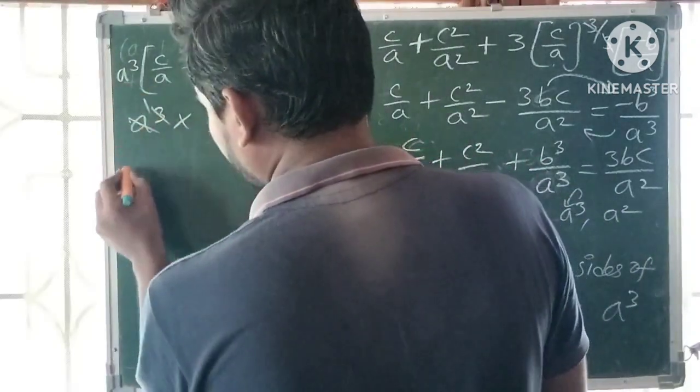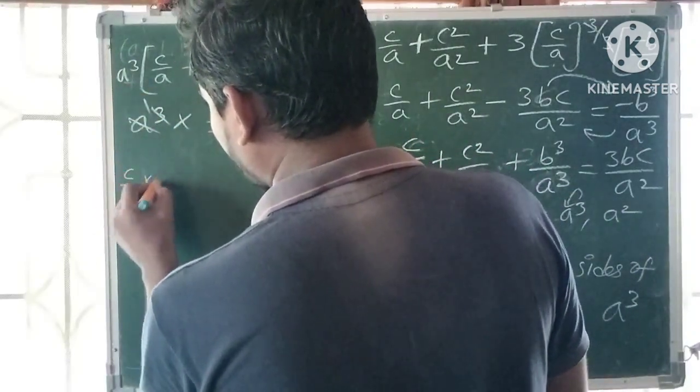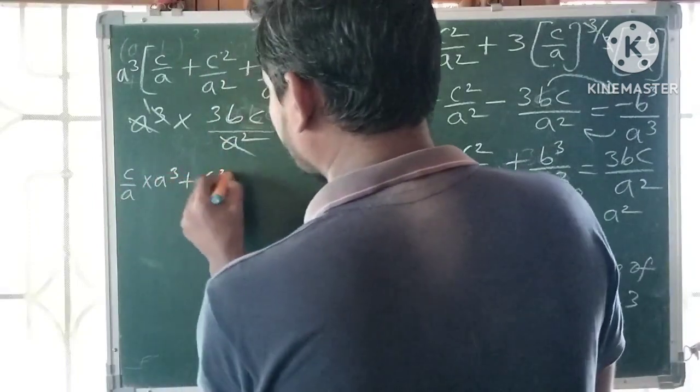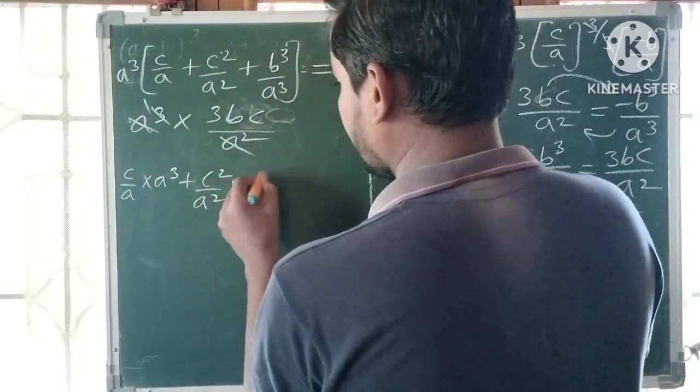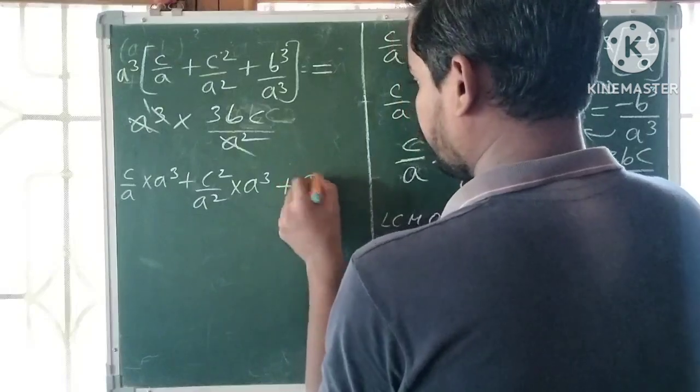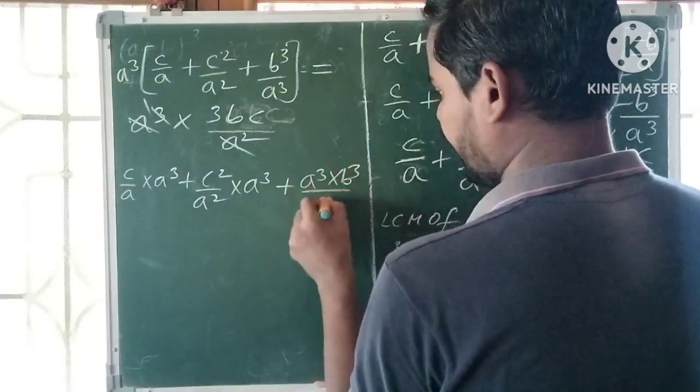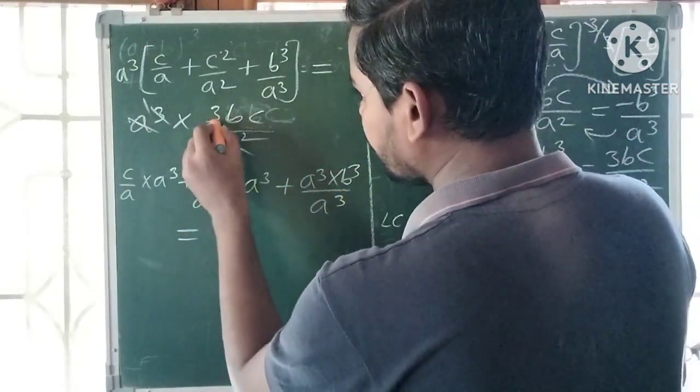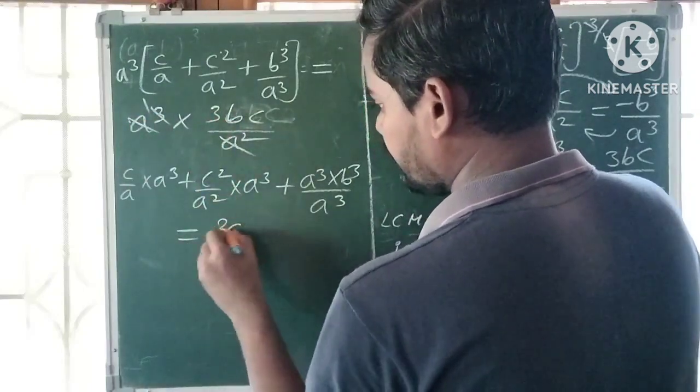Distribute a cube. c by a into a cube plus c square by a square into a cube plus a cube into b cube by a cube is equal to 3abc.